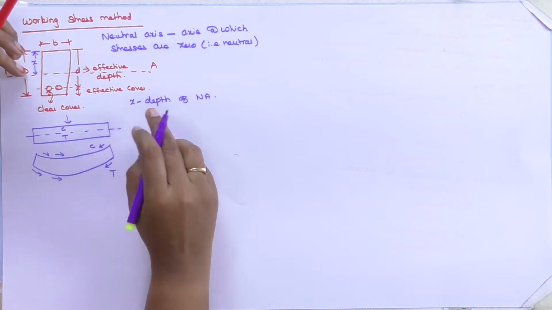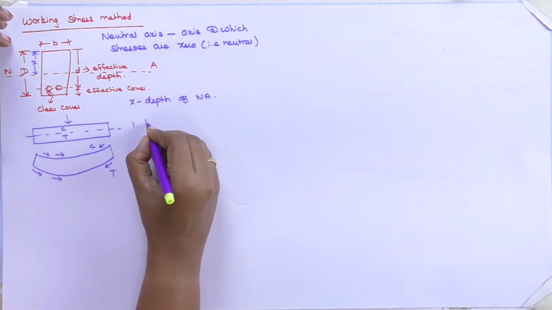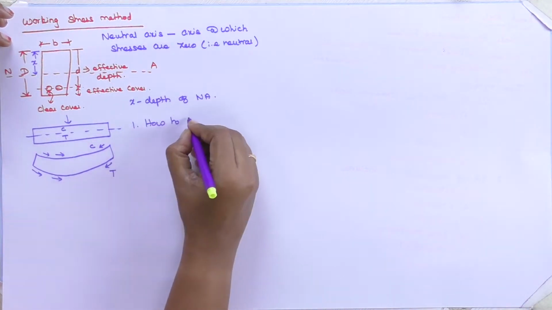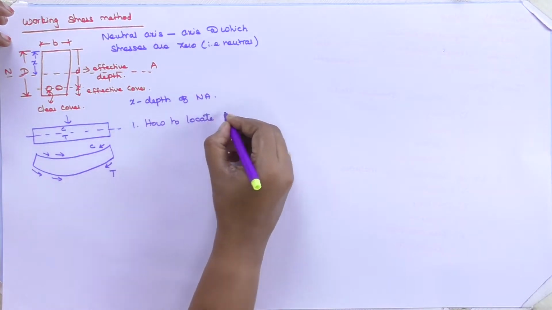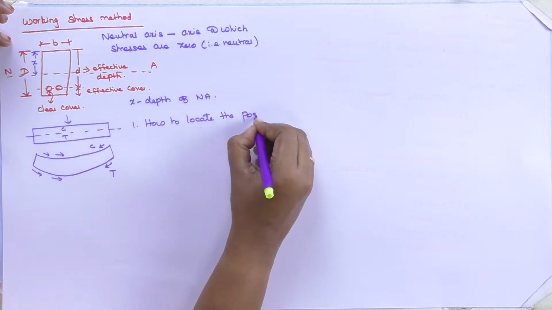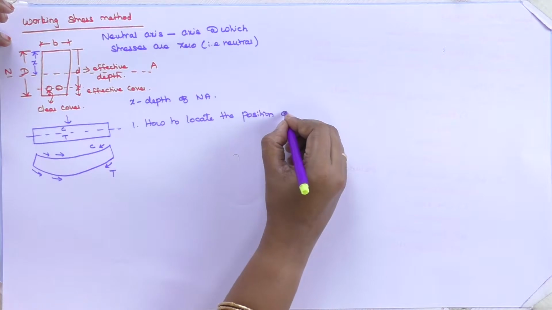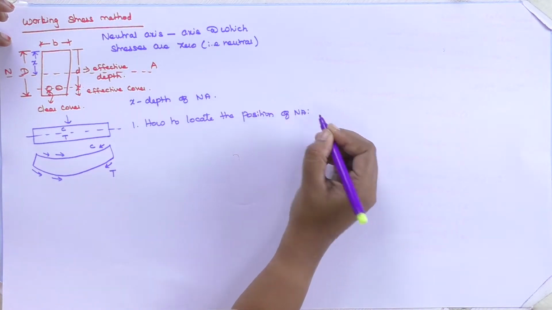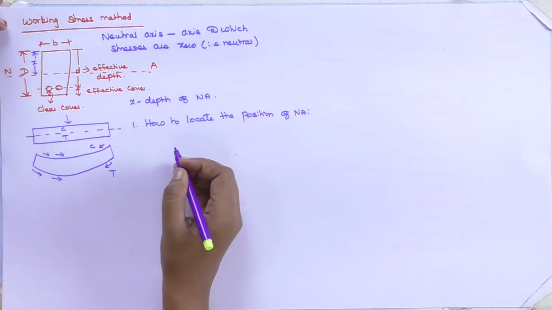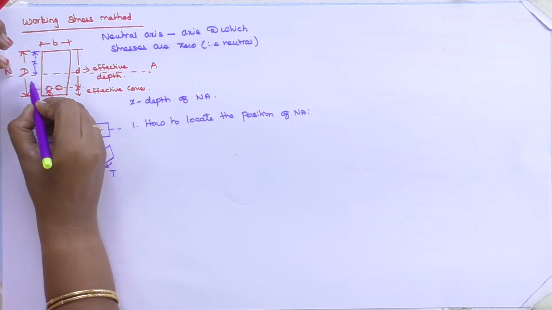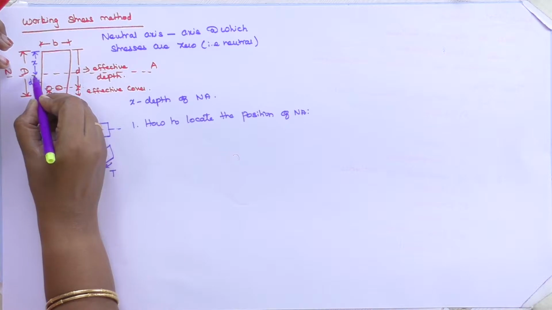My first point, how to locate the position of neutral axis under working stress method. This is called as x. Now I can call this as d minus x.